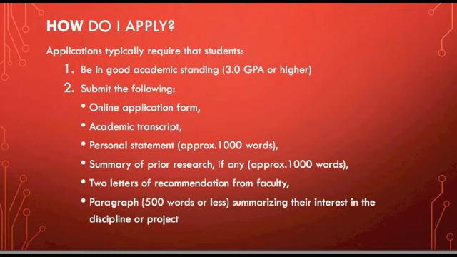So I think the two longest components are getting letters from faculty that are specific and strong about you. You don't want a generic faculty letter of recommendation, and you want your personal statement to be reflective of who you are, because there's only one you, and you want to make sure that you let people know who you are.